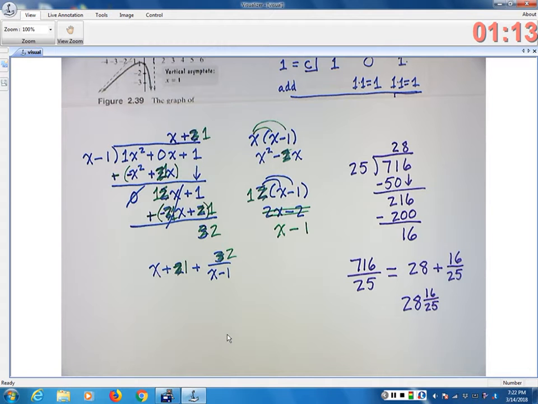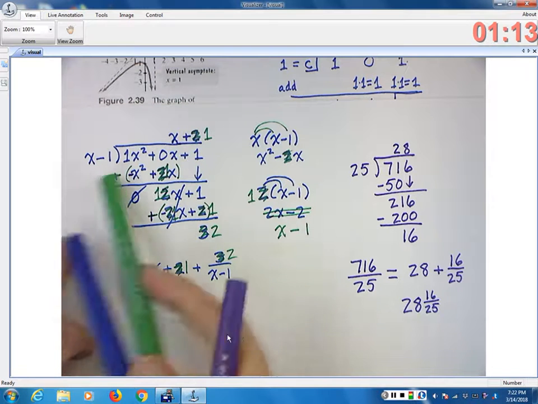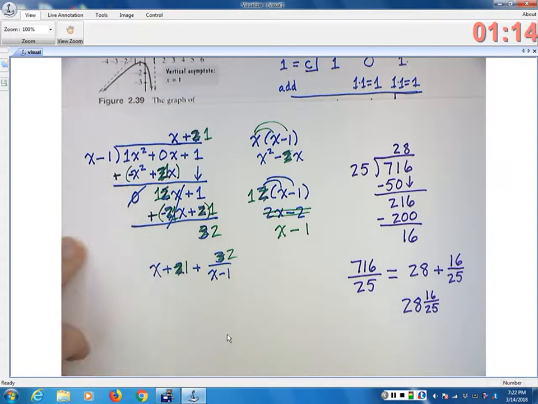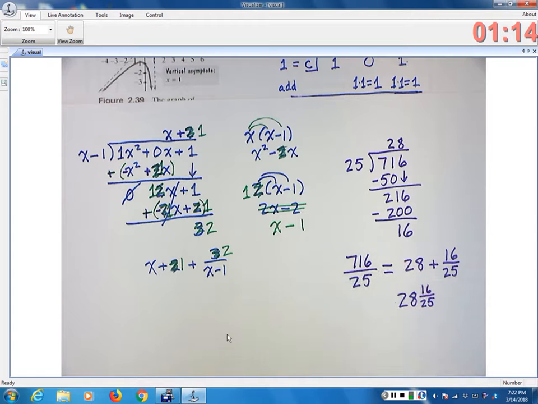And so if you're going to do it this way, you do the same process, except instead of subtracting, I like to change it to addition. If you keep it as subtraction, you make sure you subtract each term. We don't have terms over here. It was pretty simple to subtract.